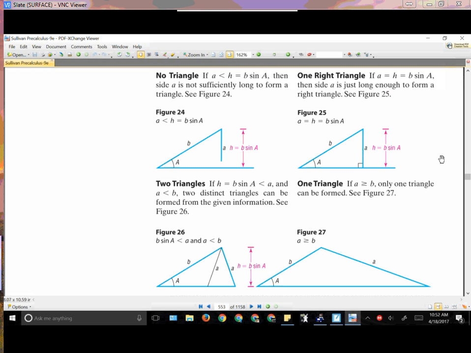Or if it's equal, then I would have an isosceles. But if it seems to be shorter, I could draw it over here, here, or there. There's a lot of different places I can go with that. So if A is larger than B, I only get one triangle.